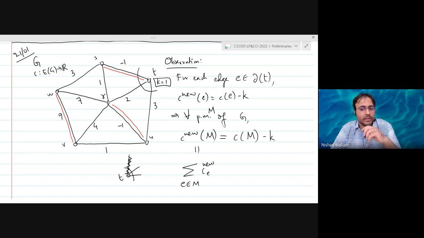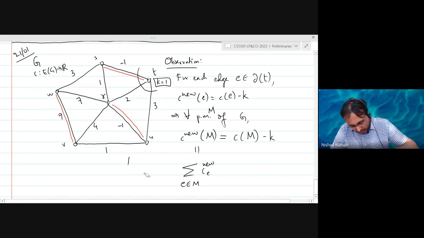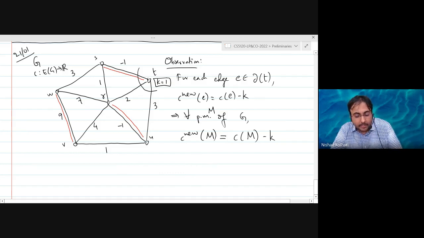Are there any questions or concerns regarding this observation? All right. So if not, we can now apply this observation repeatedly. We can do the same thing at every vertex, and because we are using the same procedure, the same kind of statement is going to hold, right?